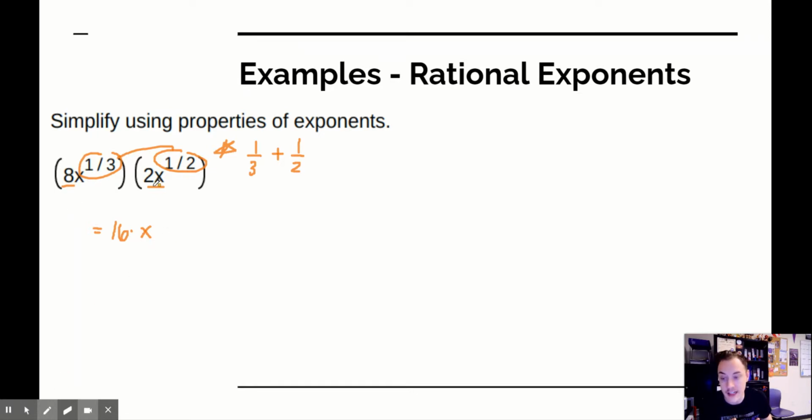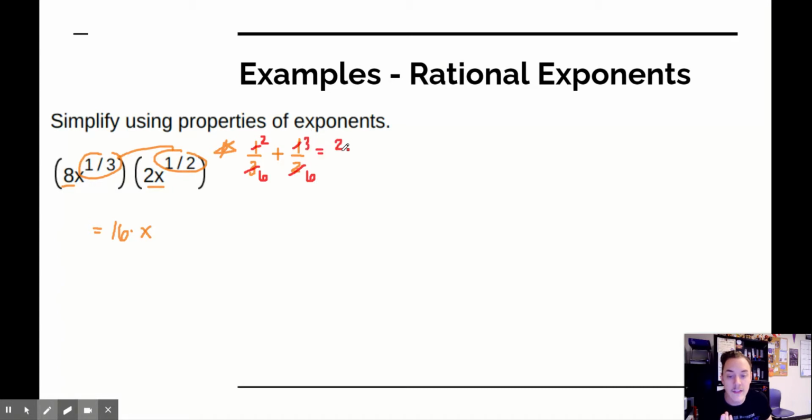So I already took 8 times 2 is 16. I already know it's going to be x, but now what's my exponent on the x? That's what I'm trying to figure out. So common denominators, 6: 1 times 2 gives me 2, and 1 times 3 gives me 3.